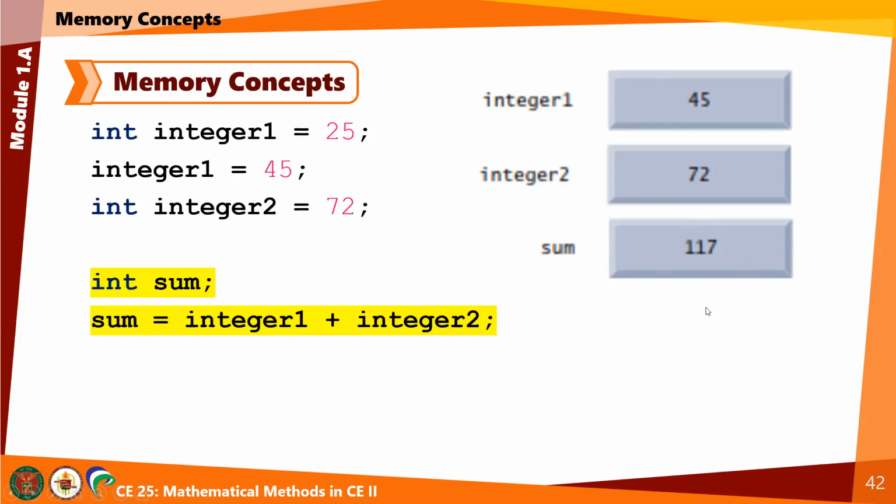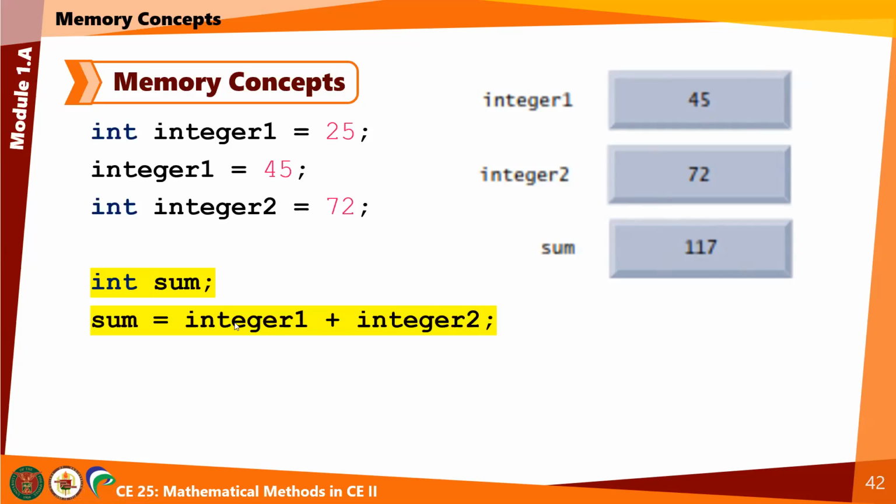Now, ang tanong, na-destroy ba si integer 1 and integer 2? Nagbago ba yung values nila? Class? Nagbago ba yung values ng integer 1 and integer 2? No. Okay, tama. Ayan.